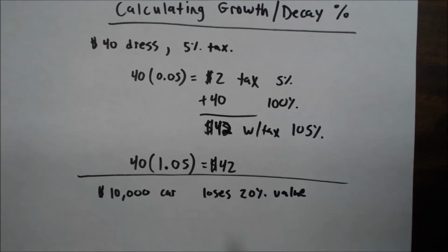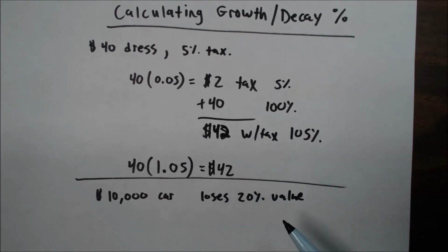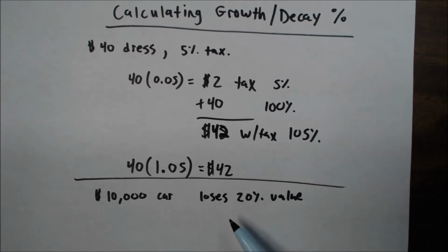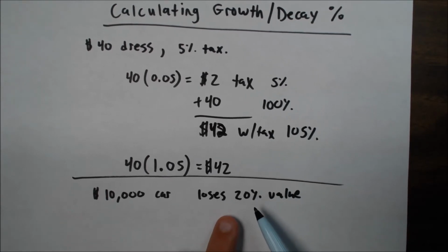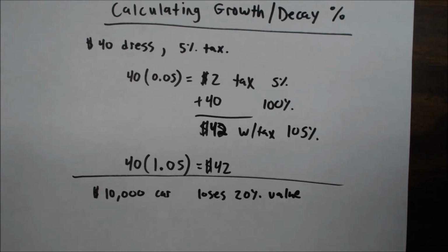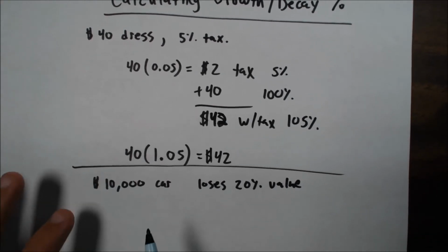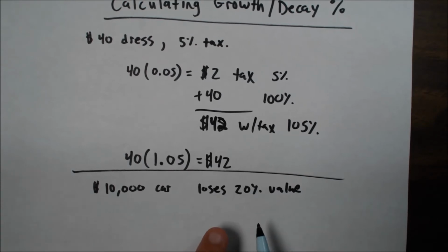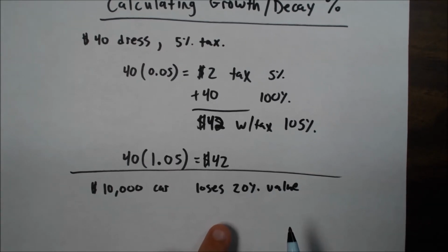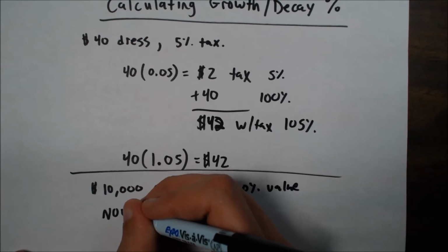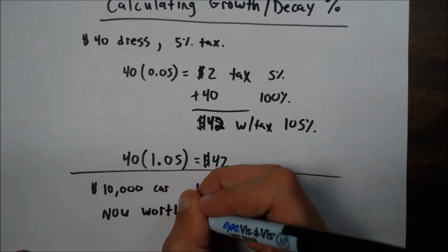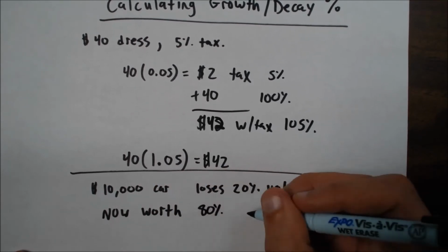Okay. If this car loses 20% of its value, again, a lot of people would say, well, let's calculate what is 20% of the value. They would do 10,000 times 0.2, because that's 20%. And that would give you the amount of value that you lost. But what I want to know is, what's the car worth now? So what you've got to think about is this. If the car was worth $10,000 and it lost 20% of its value, you need to think about the fact that it is now worth 80% of the original value.